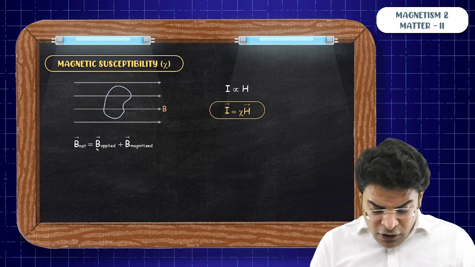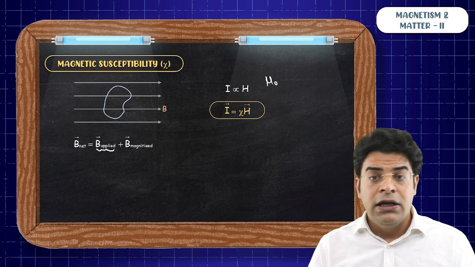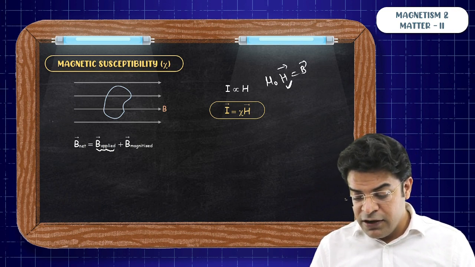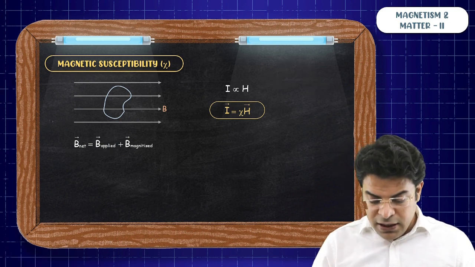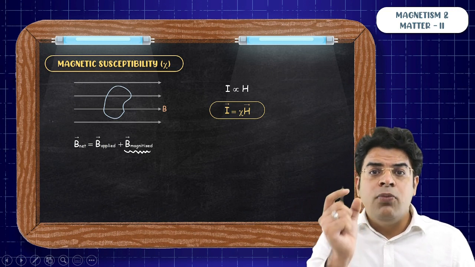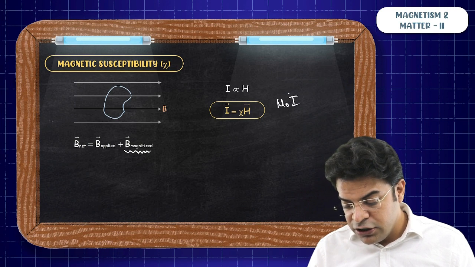In place of the applied magnetic field, we can simply write mu naught times the magnetizing field intensity, because that's the relationship. Magnetizing field intensity is nothing but the applied magnetic field divided by mu naught. And in place of the magnetic field due to the magnetic moment developed, we can write mu naught times the intensity of magnetization.